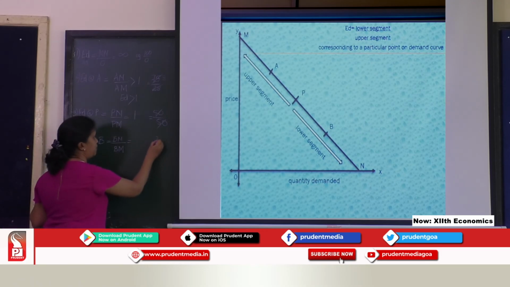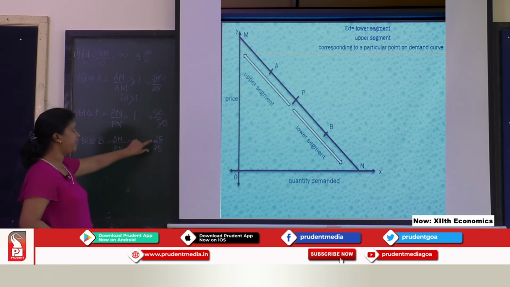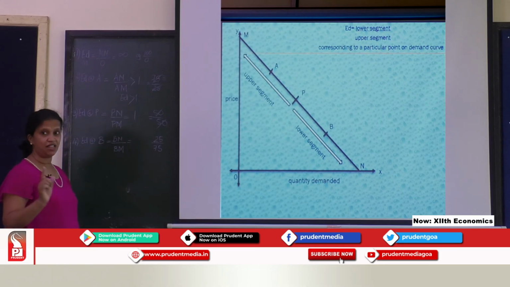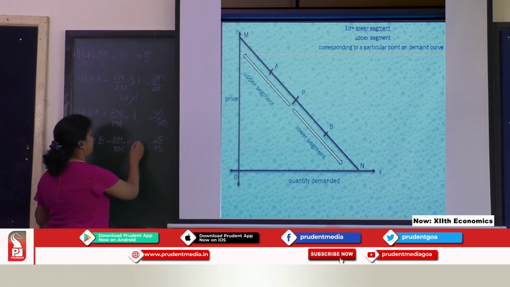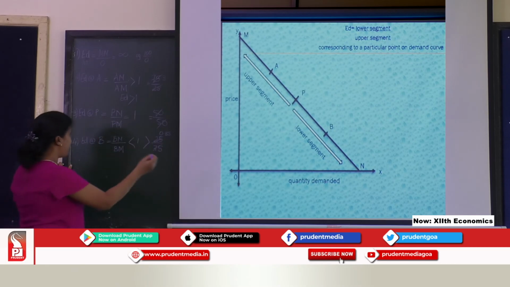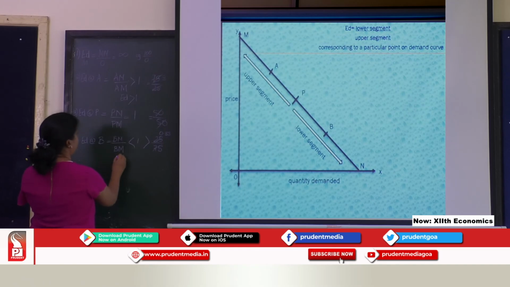So it is like 25 divided by 75. A smaller number divided by a larger number will always give me a value which is less than 1. If I divide this, I get 0.33. So therefore, ED in this case is less than 1.